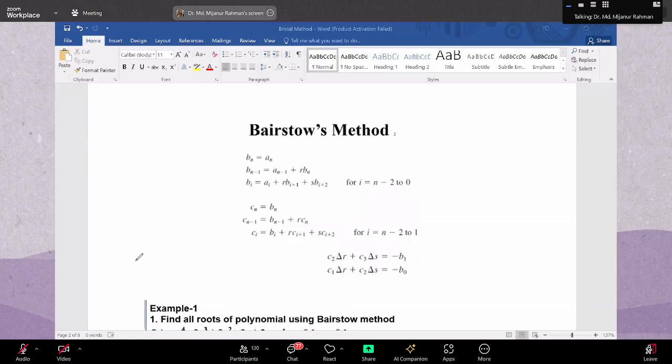So my point is, mostly in the mid examination, we found that we are using some electrical circuits or electrical engineering related terms for applying our techniques.